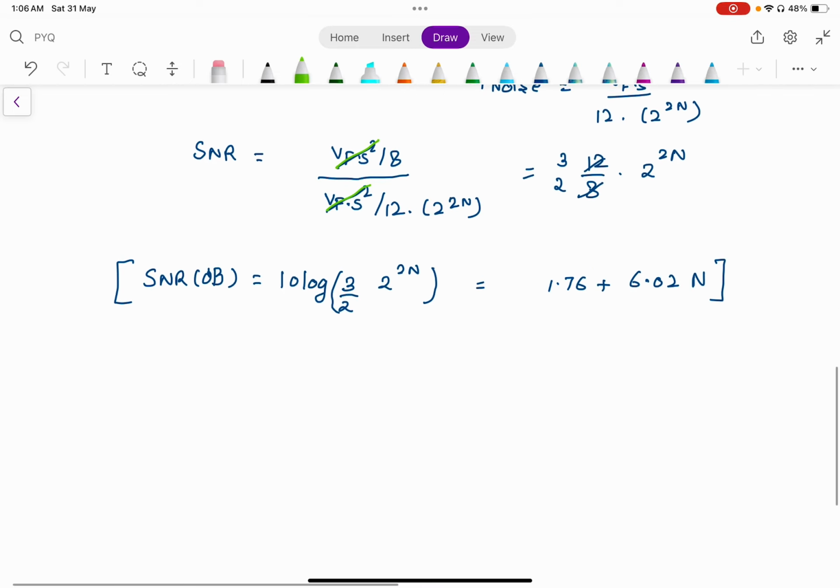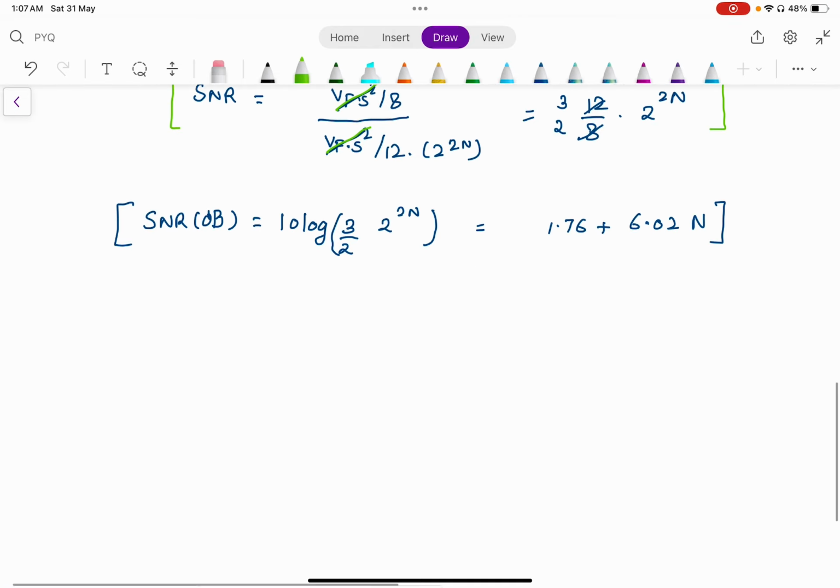Otherwise, in calculating the SNR, you are not using the full scale voltage. So on putting the value of n equal to 10, the answer comes out to be 61.96.